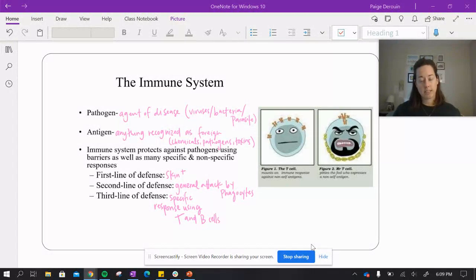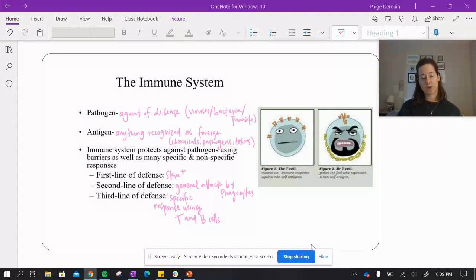And those are going to be things like your skin, but also the different parts of your skin, like oil glands, sweat glands, all of those different things that are part of your skin that are really helpful in preventing disease. Same thing with your tears, and in your saliva, you have enzymes that help with this. In the flu video, you saw her nose hairs really helped with this. And then also the acidity of your stomach is an example of this too.